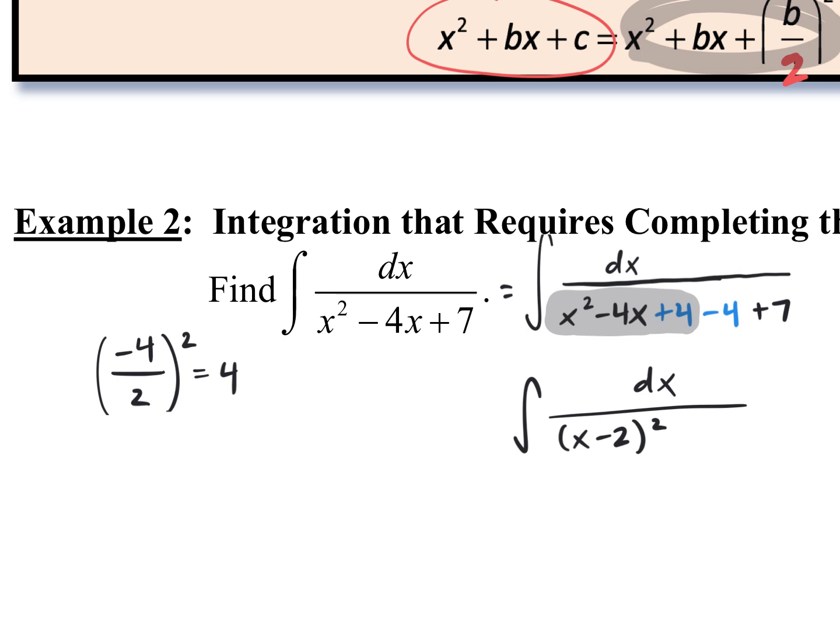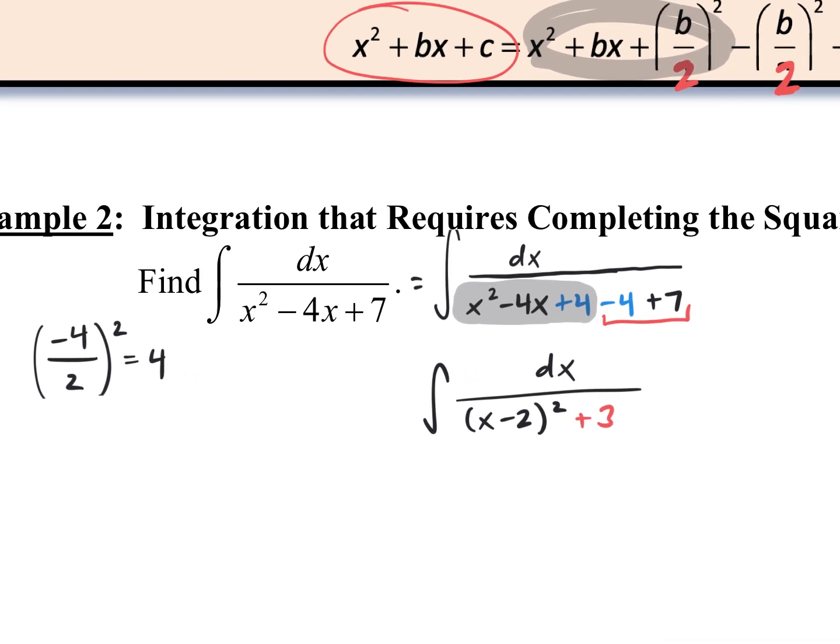And now I'm going to just evaluate what is -4 plus 7. That's going to give me, oh sorry, plus 3. All I did was complete the square in the denominator, so now I can actually solve this using things that we know.